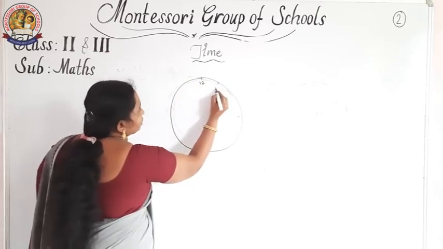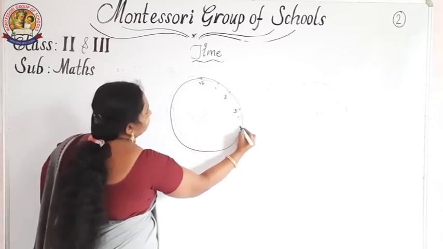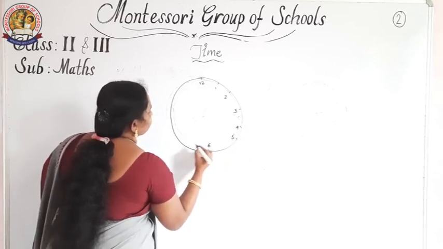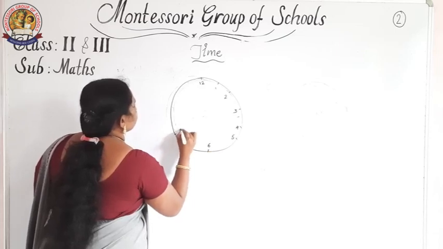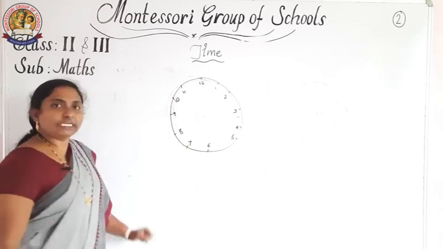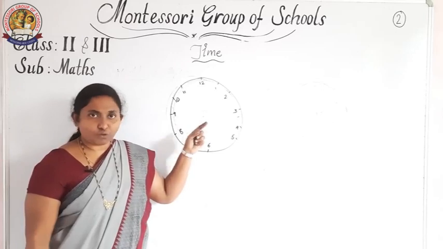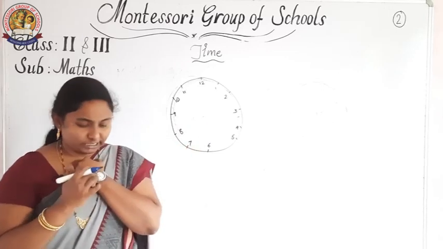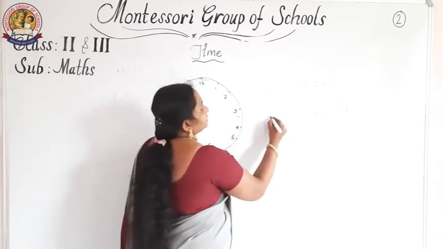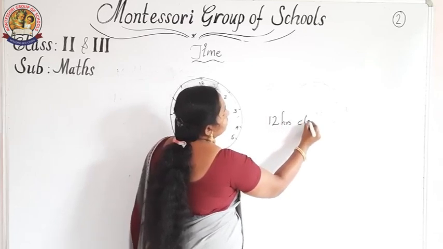First I am writing the 12 numbers: 1, 2, 3, 4, 5, 6, 7, 8, 9, 10, 11, 12. Look at your watch, it has 12 numbers. So we are measuring time in 12 hours clock time.